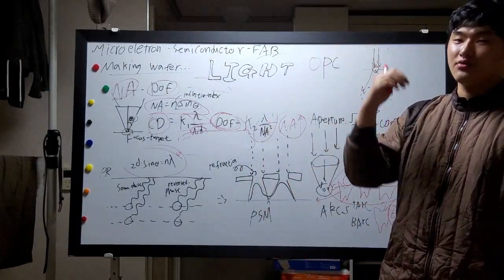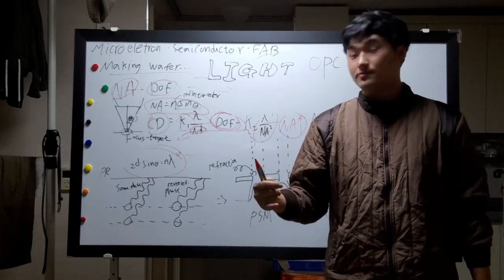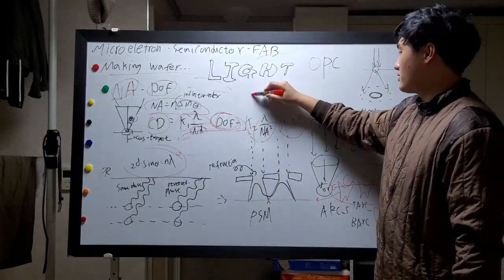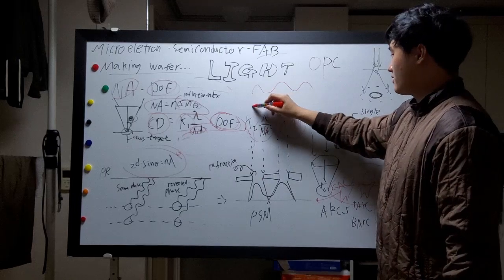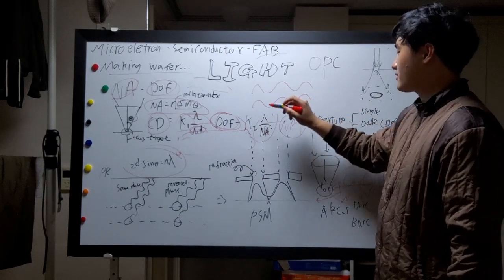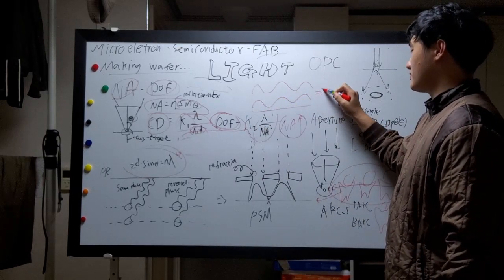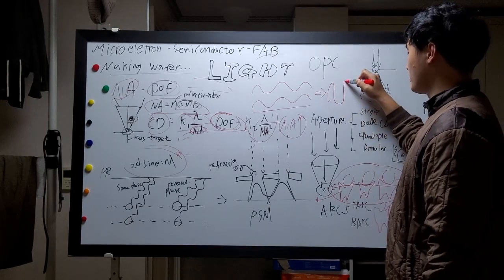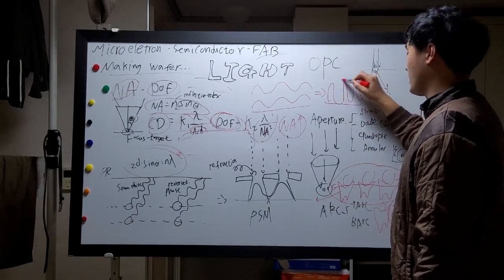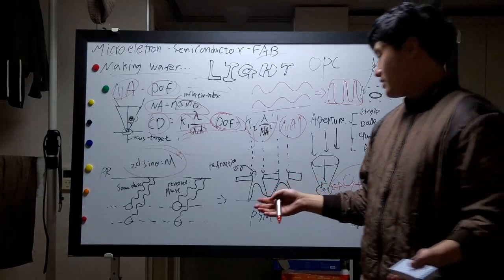Okay, so secondly, the light intensity. I said the light is a wave. Let's guess, here is the light, and when it is exposed in proportion, you have more intensity and brighter light.